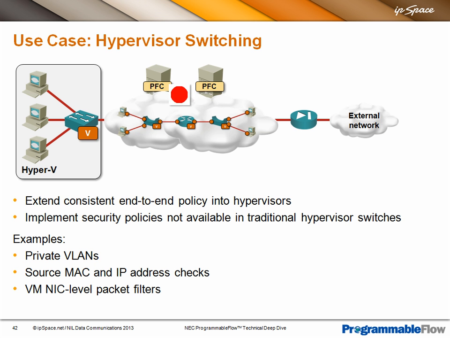And because PFC has more features than a typical hypervisor switch, you could easily implement things that we are wishing for and asking for and never getting from the hypervisor vendors. Private VLANs we do have. Source MAC and IP address checks, well, we have them in some cases, and usually we have to configure them. And you can implement NIC-level packet filters on individual VMs straight from the baseline PFC functionality.